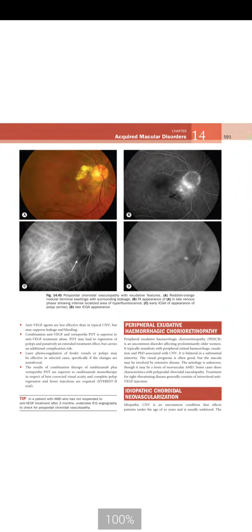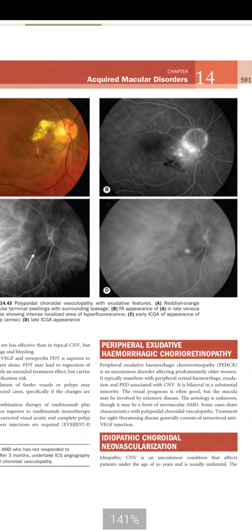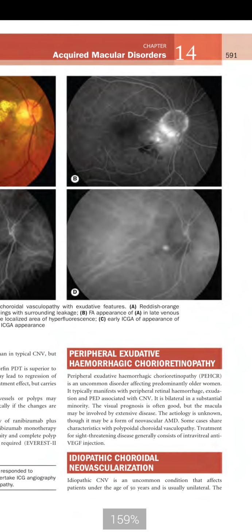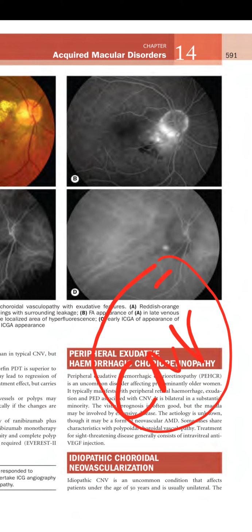Next is idiopathic choroidal neovascularization. Idiopathic CNV is an uncommon condition that affects patients under the age of 50 years and is usually unilateral. So whenever the CNV is caused without any reason, it is known as idiopathic CNV.